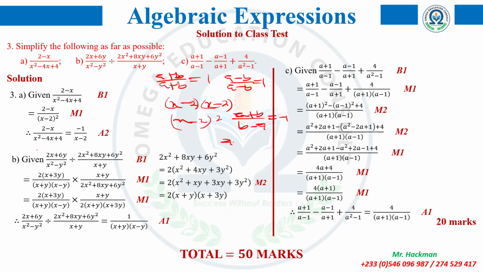Again, if you have a minus b over b plus a, this will also cancel and give you negative 1. So you should know this, where one is a swap of the other and the sign has been changed. So it means this 2 minus x can cancel one of the x minus 2, but it will give you negative 1 because of the swap. It's my point well made.